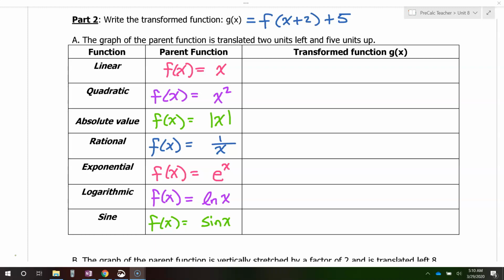So for sine x, the transformed function g of x would have the sine, and the x plus 2 goes right here, and then the plus 5 goes right here. Similarly for the natural log of x, that'll become natural log of x plus 2, and then the plus 5 goes here.